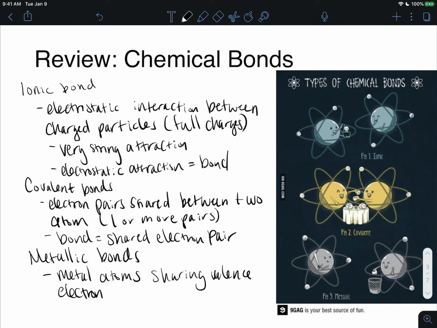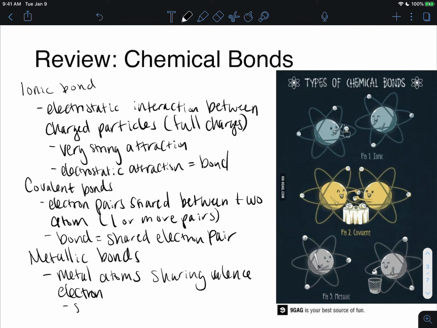And all the valence electrons are shared between all of the atoms. We consider this to be a sea of electrons, a delocalized sea of electrons, where our metal cations themselves are in it, and then their valence electrons are the sea, but it still charge balances to where we're not really thinking about it in terms of ions.